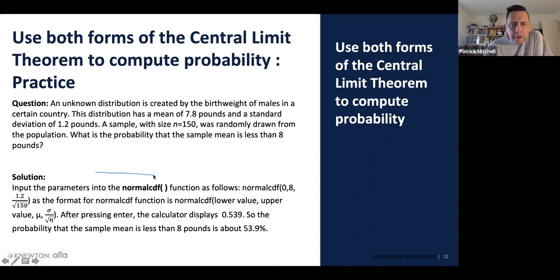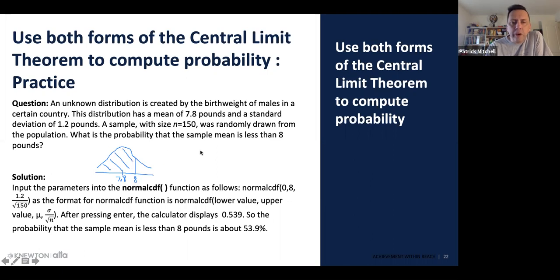So the sampling distribution has a mean of 7.8. We're looking for the probability that the sample mean is less than 8. So we're looking at this type of normal probability.